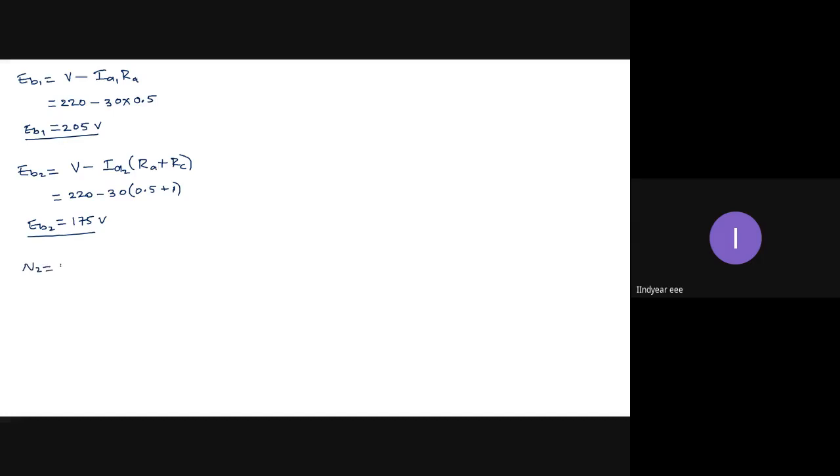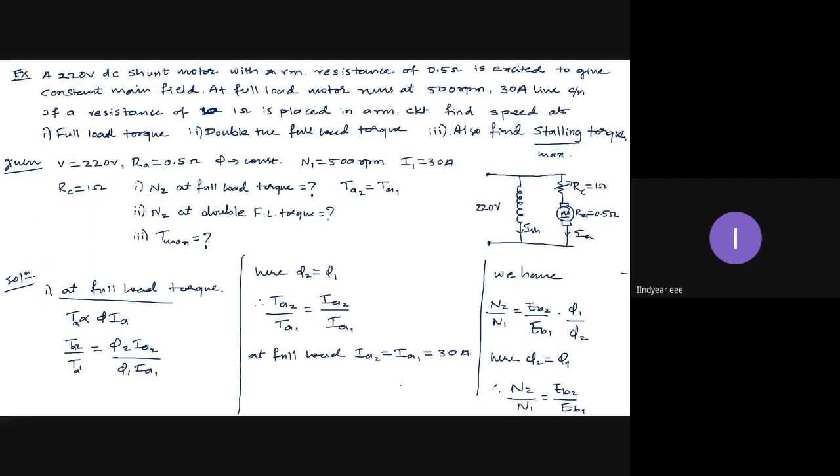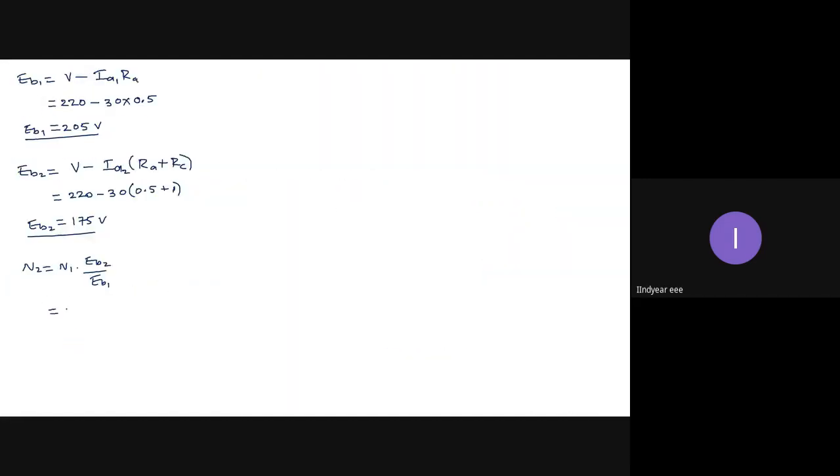Okay, so we can calculate now N2. N2 is equal to N1 into EB2 by EB1. N1 is given as 500, into 175 by 205.